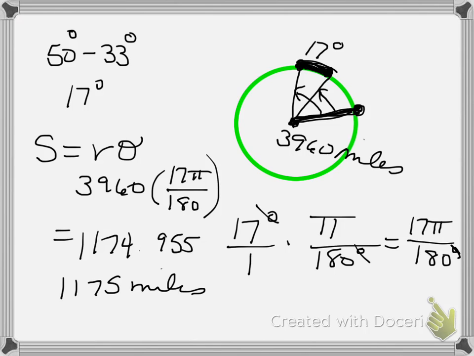So that is the distance between Dallas, right here, and Winnipeg, Manitoba. So I subtracted, then I changed the degrees into radians, and then I plugged it in with the radius, and I got my S, which is 1,175 miles.